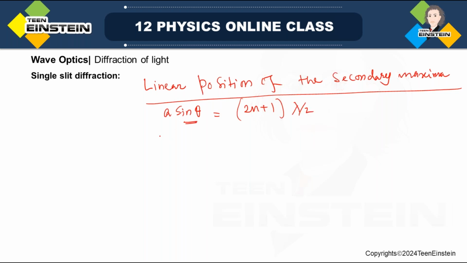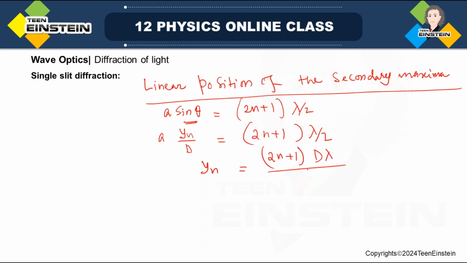So this part again will be y_n by d equals (2n plus 1) lambda by 2a. So y_n will be (2n plus 1) d lambda by 2a. Okay, this is the position.